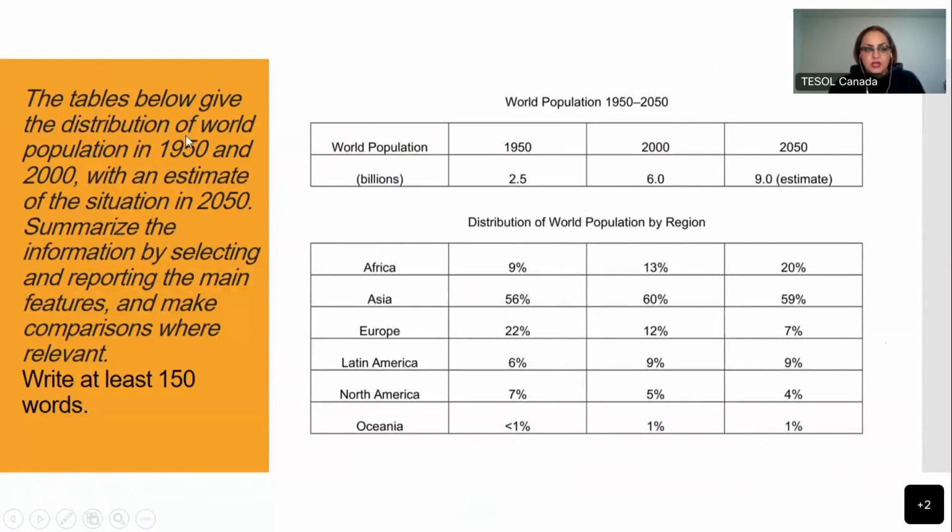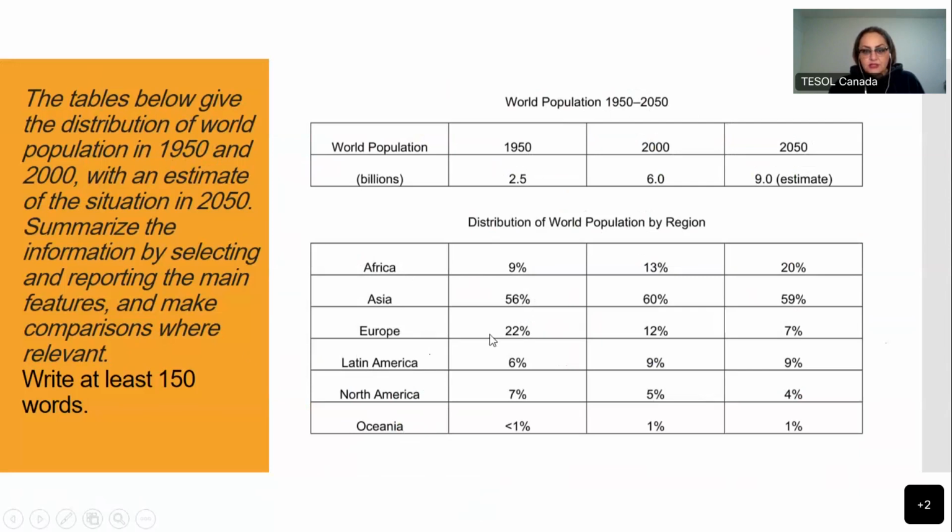The tables below give the distribution of world population in 1950 and 2000, with an estimate of the situation in 2050. So world population 1950, 2050. In how many countries? Six: Africa, Asia, Europe, Latin America, North America, and Oceania.